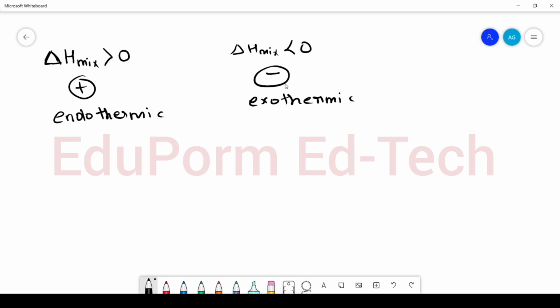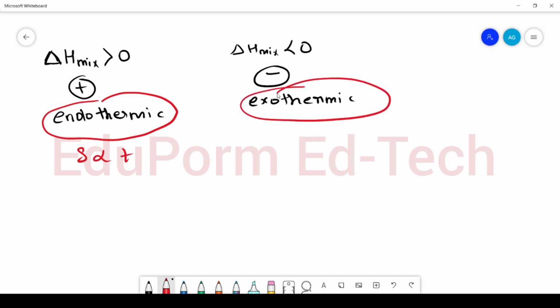So for endothermic reactions, solubility is directly proportional to temperature, whereas for exothermic reactions, solubility is inversely proportional to temperature.